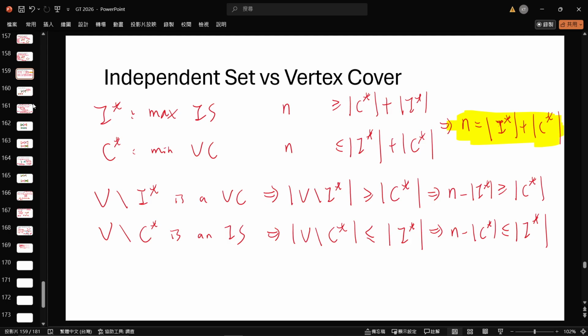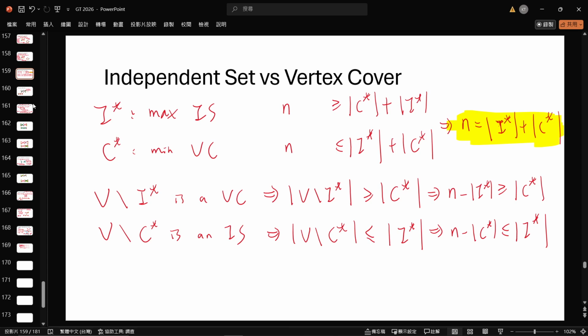Okay, so today we're going to discuss how to find this upper bound and lower bound. In particular, given a problem, today I'm going to show you a systematic way to find upper bounds, or lower bounds, depending on the problem. If it's a maximization problem like independent set, then we want to have an upper bound.